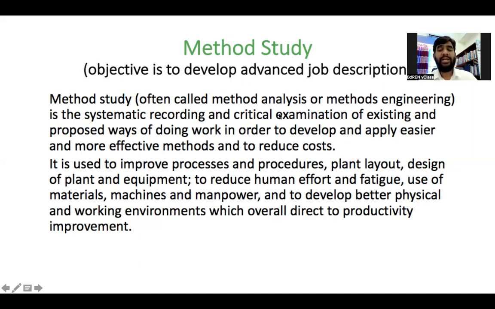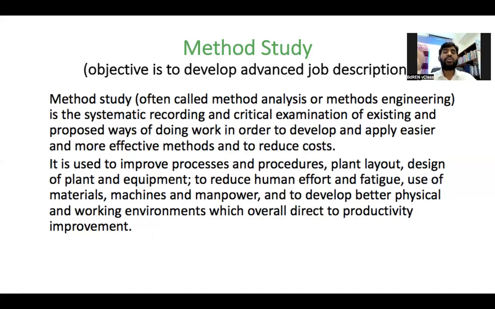Method study means how the jobs will be done. It is used to improve processes and procedures, plant layout, design of plant and equipment to reduce human effort and fatigue, use of materials, machines, and manpower to develop better physical and working environments, which overall lead to improved productivity. The ultimate objective is to increase the productivity.